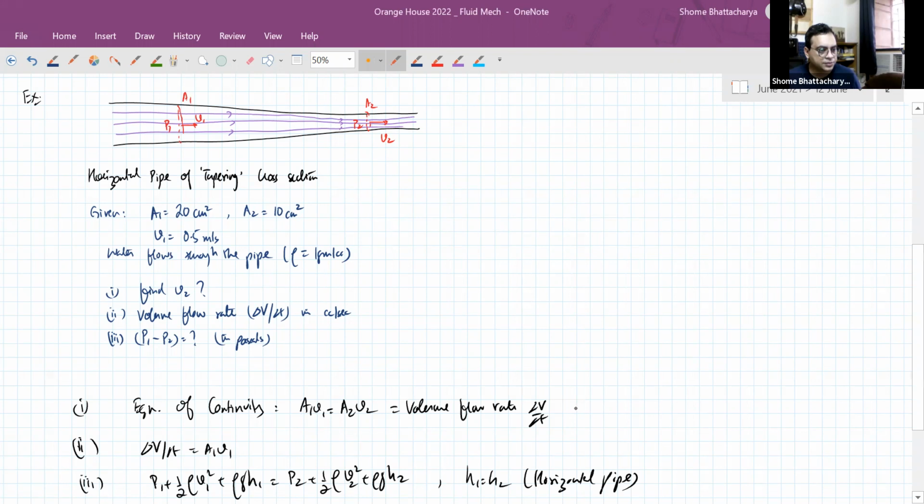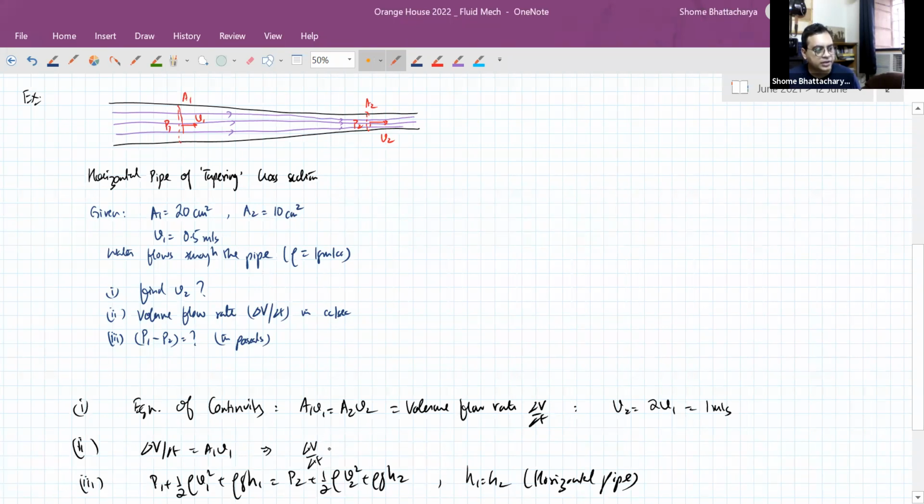So first part, for example, from A1 V1 equal to A2 V2, we can see that V2 will become twice of V1. So it will become 1 meter per second. And from this, we can see that volume flow rate becomes the product of area into velocity.